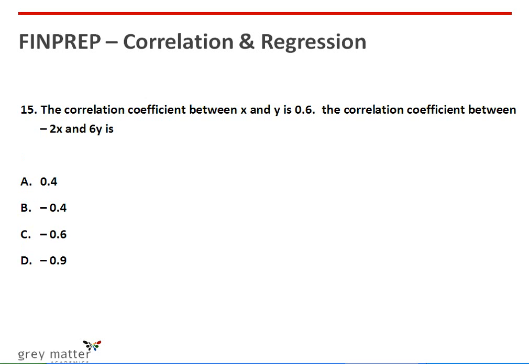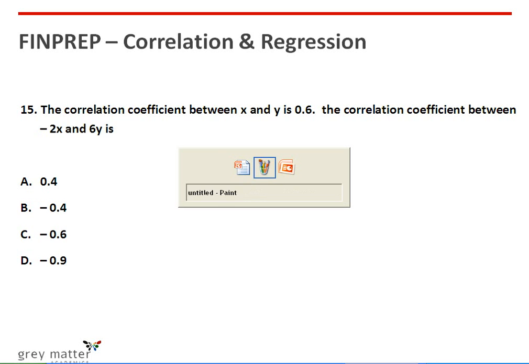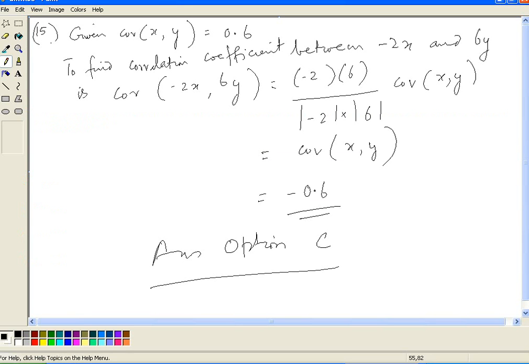15th question, the correlation coefficient between x and y is given to be 0.6. The correlation coefficient between minus 2x and 6y needs to be calculated. Going to our work area, given correlation of x comma y equal to 0.6.